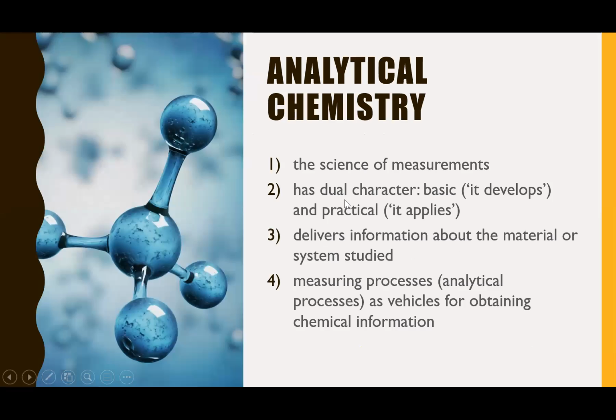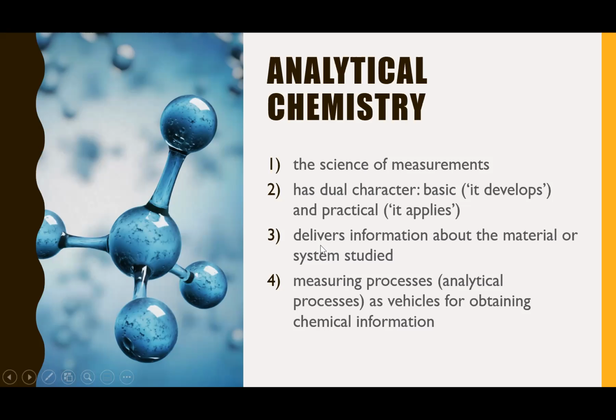Basically, analytical chemistry is the science of measurement, and it has a dual character. One, the basic character is it develops methods for measurement of chemical information, and practical, it applies measurement methods to solve chemistry problems by using analytical techniques.